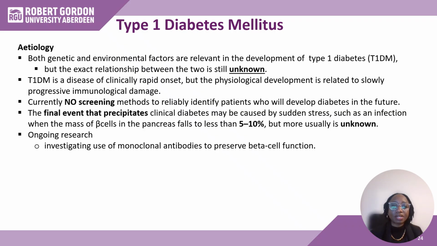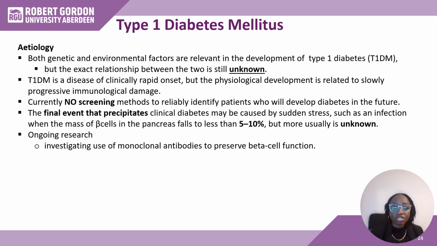So again, it could happen at some point because we don't really know when or how it happens, but then we only get those acute signs and symptoms when there's a fall to between 5 to 10%, so less than 10% of the function of the beta cells in the pancreas.